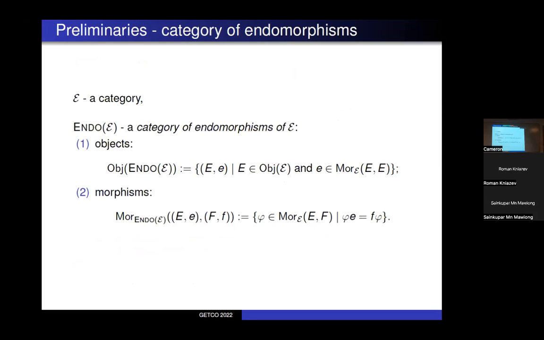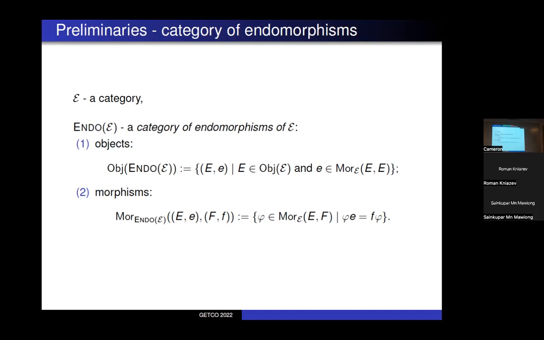Okay, so let's have a quick look at some details. What is the Szymczak category? What is the Szymczak functor? We start with any category. Szymczak does not impose any assumption on the category.